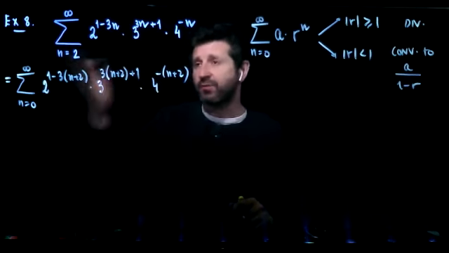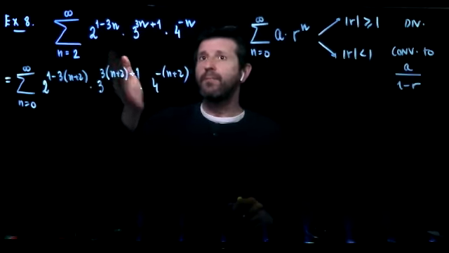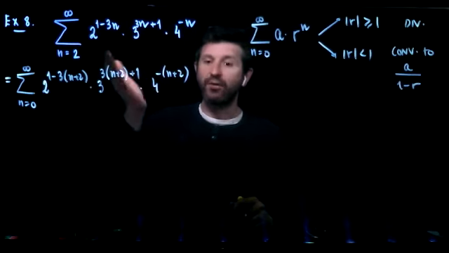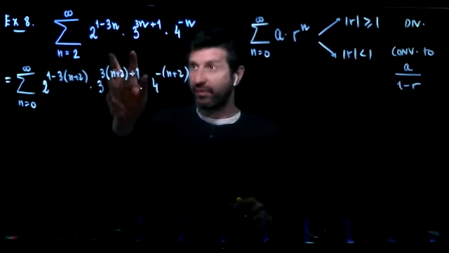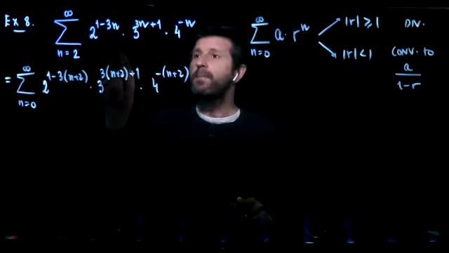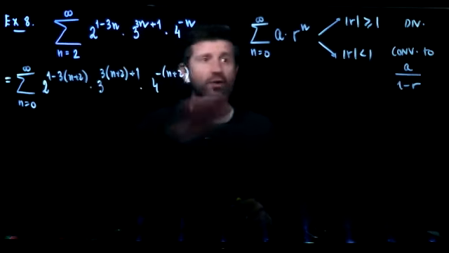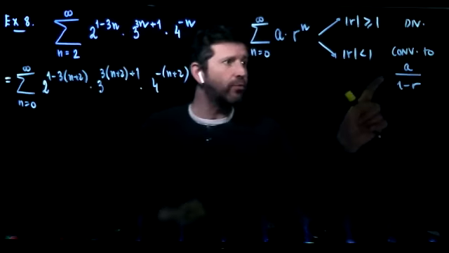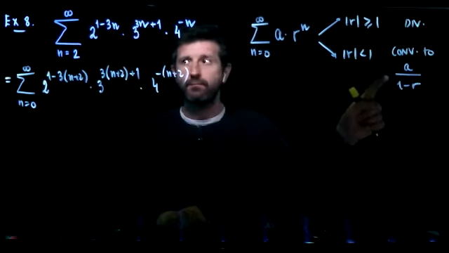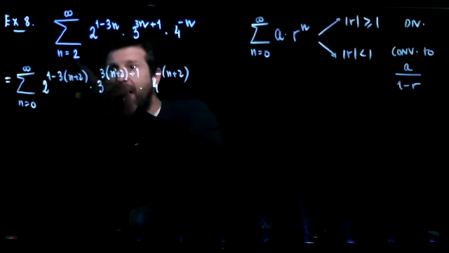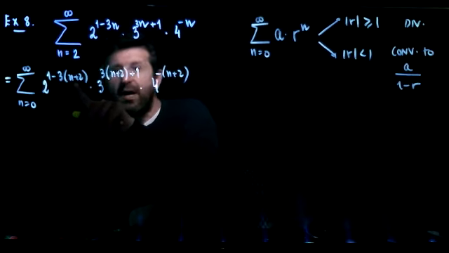Okay, so this series is geometric. I'm sparing you the stress of recognizing that it's geometric, so I'm just telling you that it's geometric, but eventually you have to recognize it. Okay, so the first thing you need to do is make sure that it starts at 0, so that you are able to use this formula. In order to transform this to 0, since I went from 2 to 0, every n I need to add 2 to it.